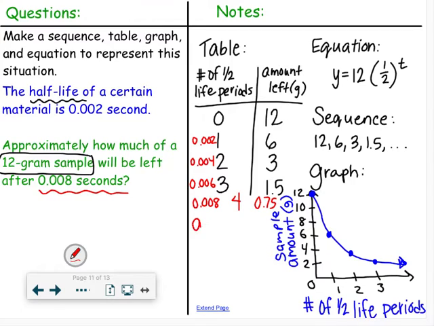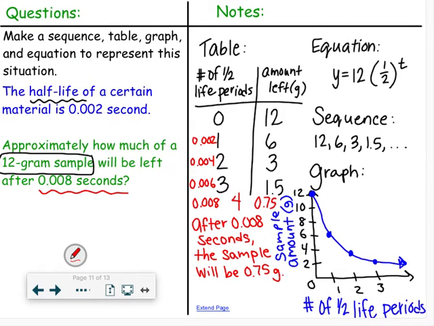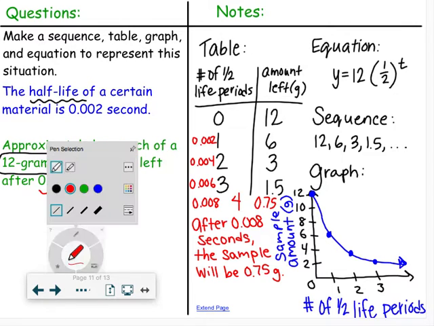So I am going to answer the question by saying after 0.008 seconds, the sample will be 0.75 grams. All right?